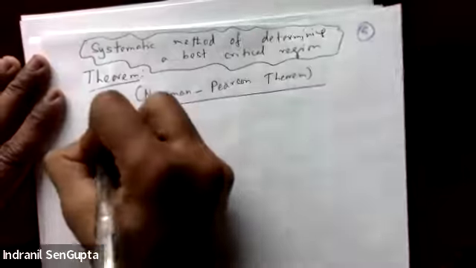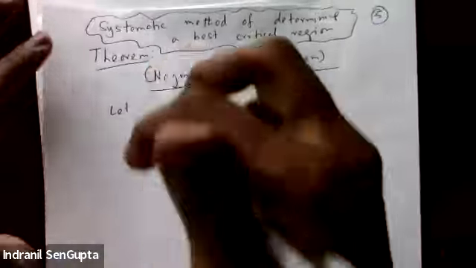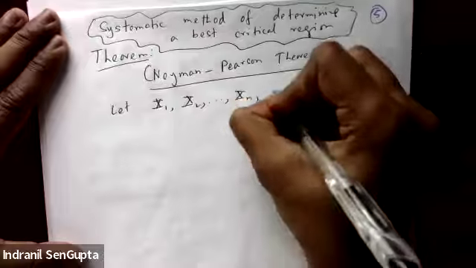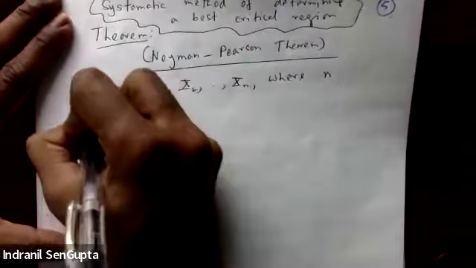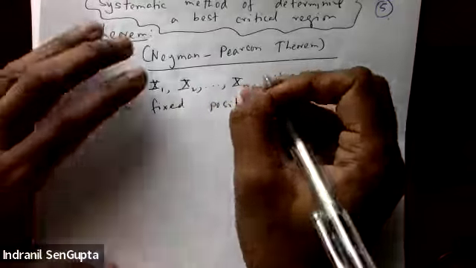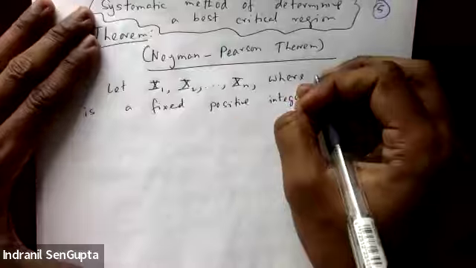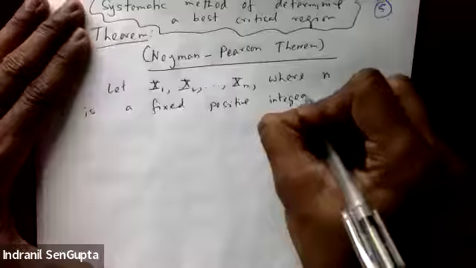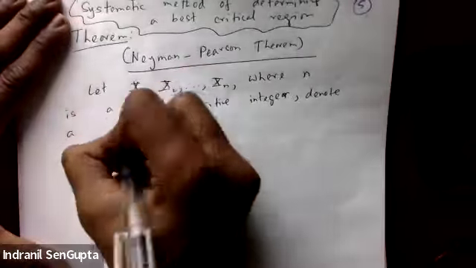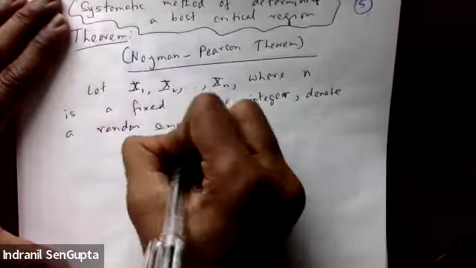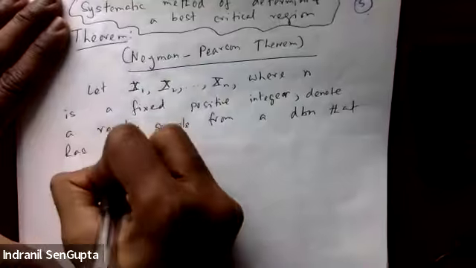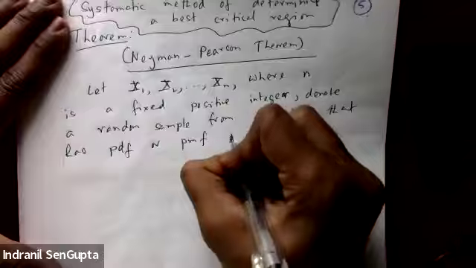Okay. It goes like this: let X1, X2, ..., Xn, where n is a fixed positive integer, denote a random sample from a distribution that has PDF or PMF given by, say, f of x, theta.